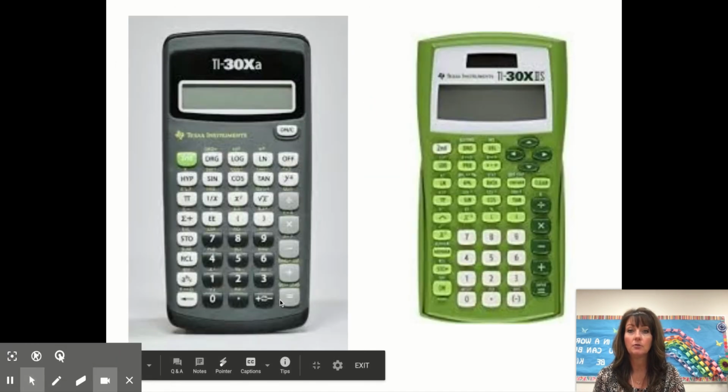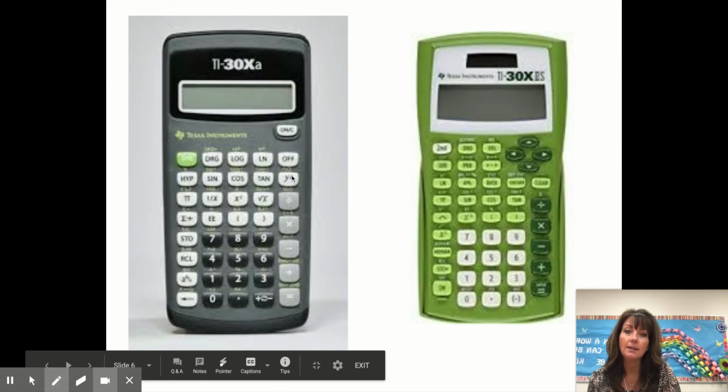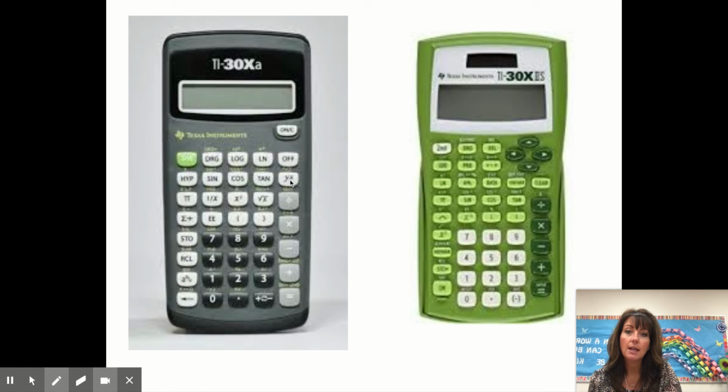So let's try some. Oh, I did want to point out, as you're evaluating these, look on your calculators, and here's that y to the x button, and you're going to be using the second feature. Over here, I believe that's the square root. This is x squared, square root. This is called a caret when you're trying to get a power of something.